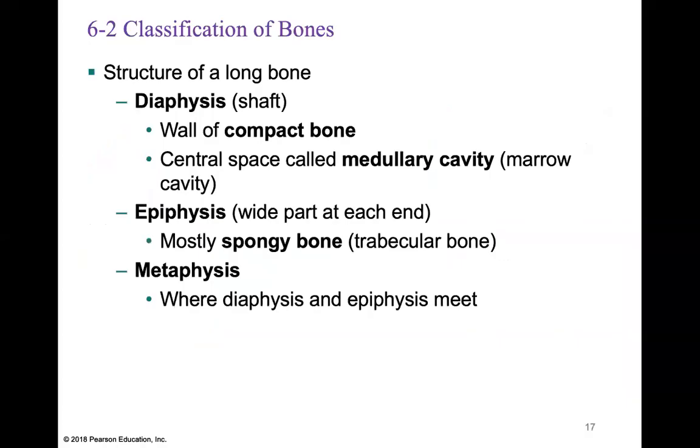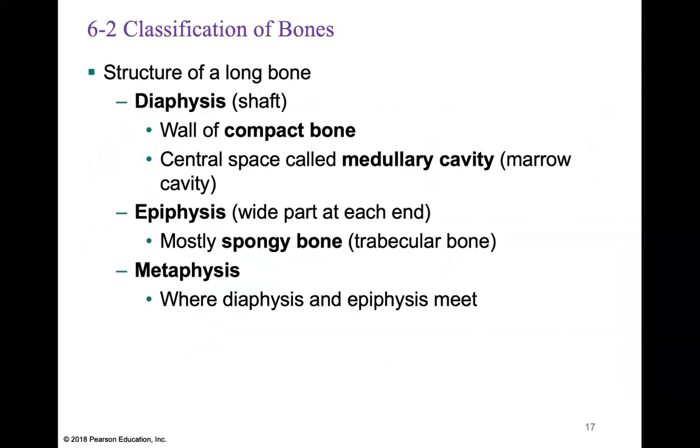So when you look at a long bone, again, the diaphysis is the shaft or the long part of the bone. This is typically composed of compact bone. The central space is called the medullary cavity, where you'll find bone marrow. The epiphysis is the wide part at each end. It's mostly composed of spongy bone or trabecular bone.